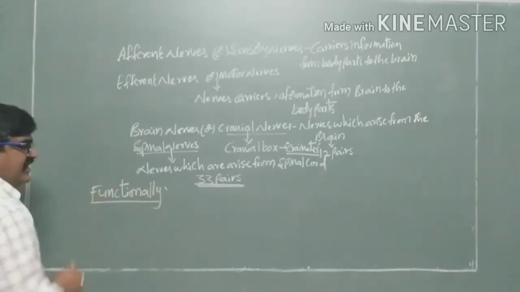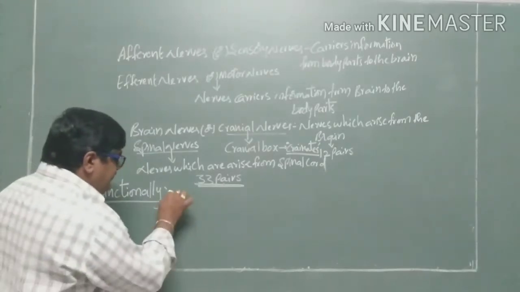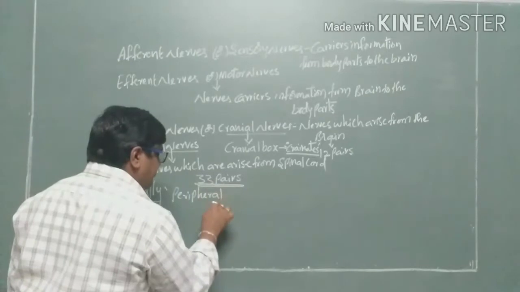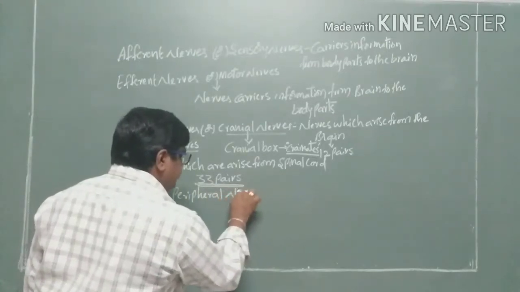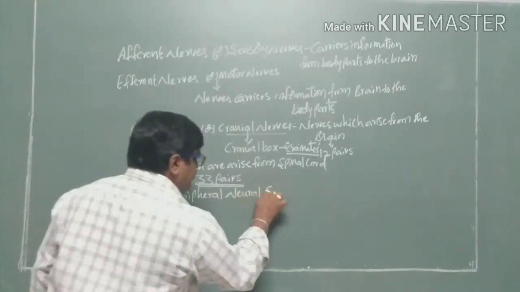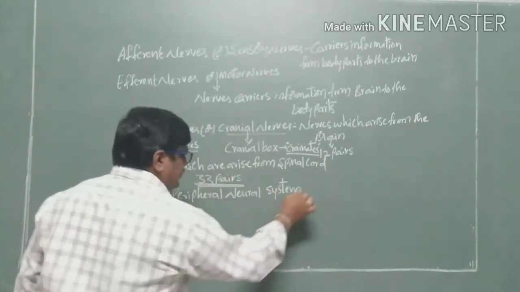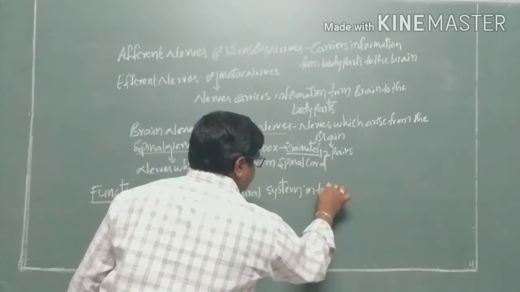the peripheral neural system is classified into two types.